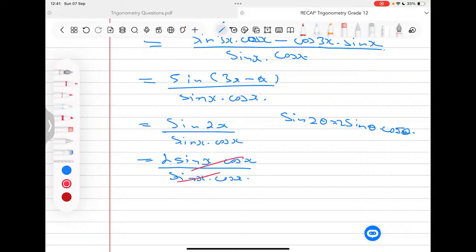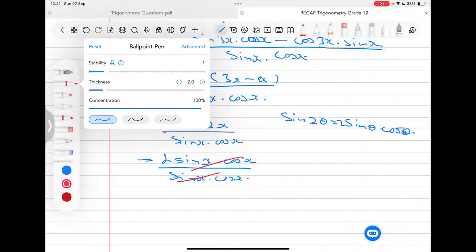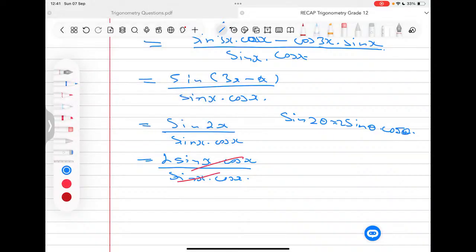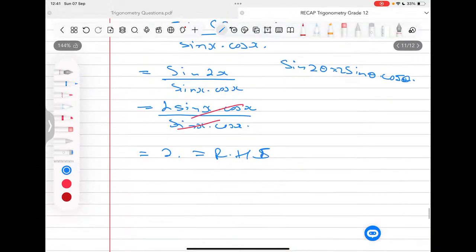Now these two would cancel, right? And I'm only left with the number 2, and this is the same as the right hand side, and we can then conclude to say, hence proved. We have proved our identity.